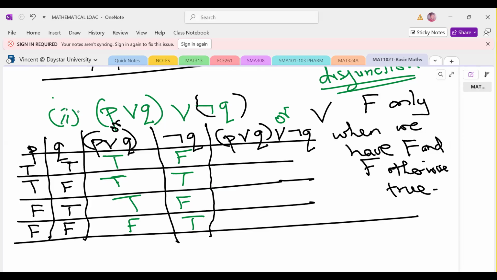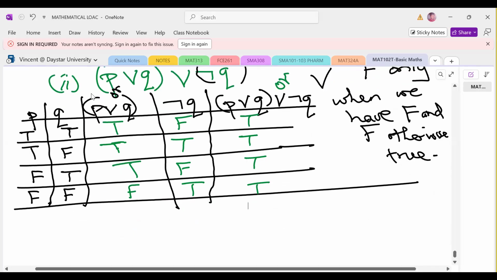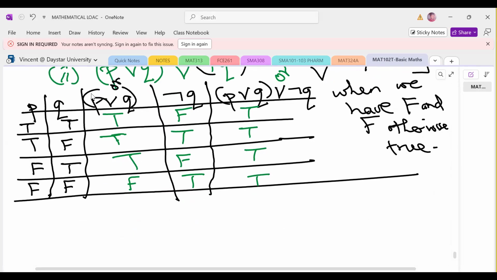So true or false? True. True or true? True. True or false? True. False or true? True. So what is the verdict? Tautology, correct. So this is how you frame your answer.